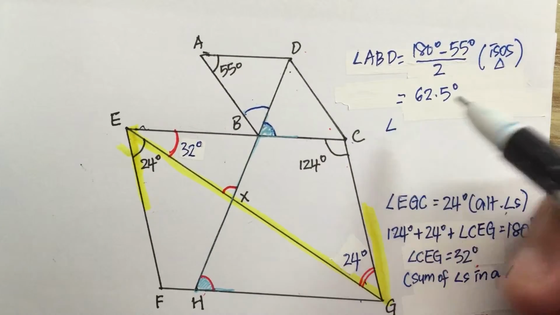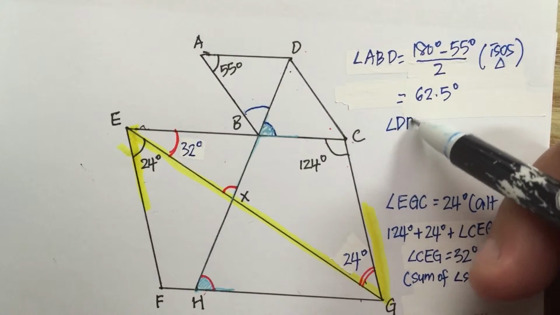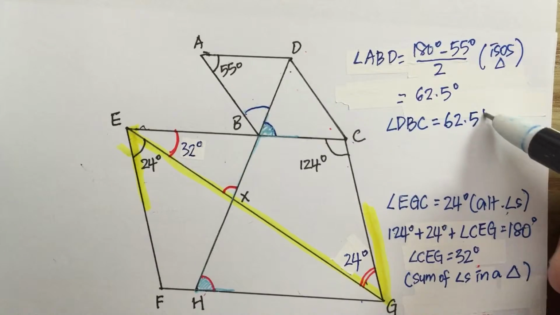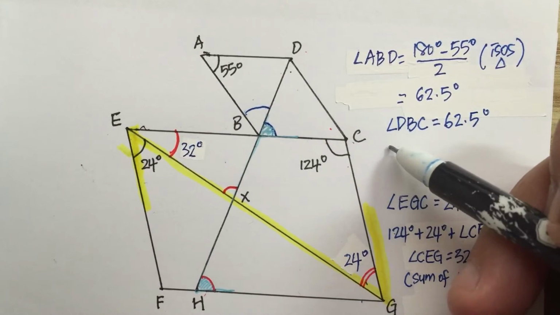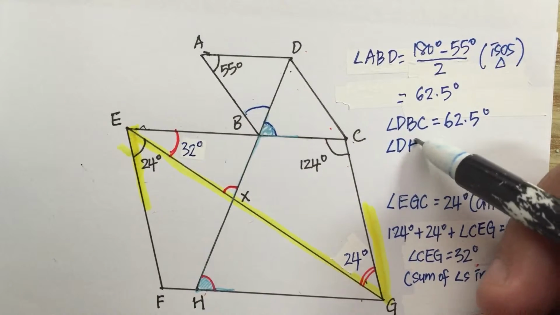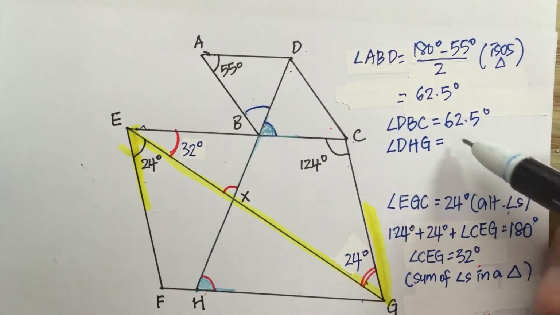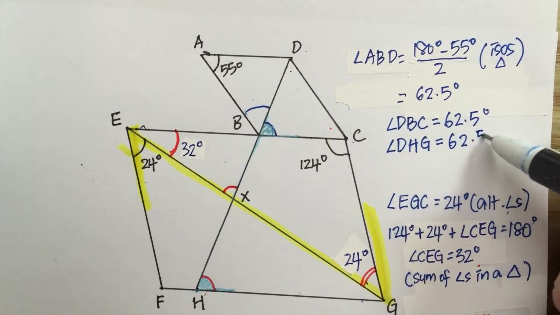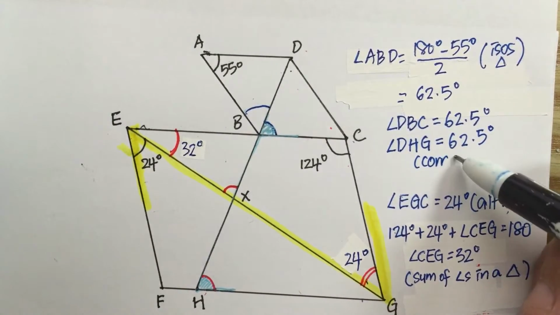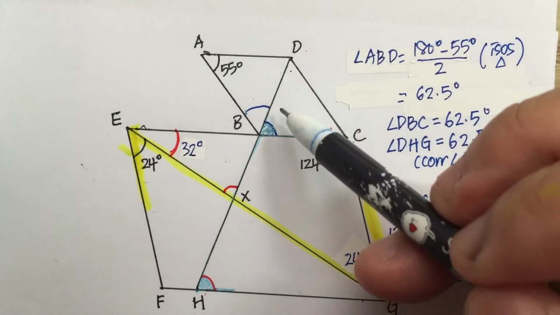So angle DBC is equal to 62.5 degrees. And as a result, angle DHG is also equal to 62.5 degrees. But this time, we have to cite the angle property, which is corresponding angles.